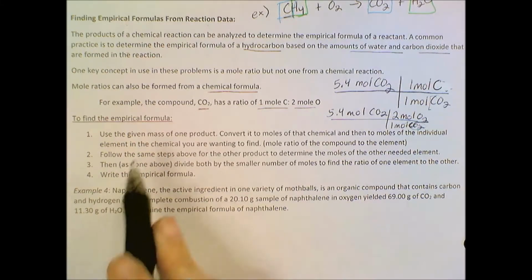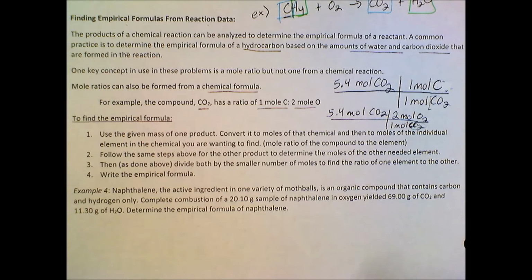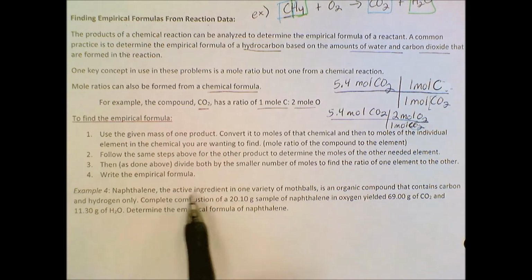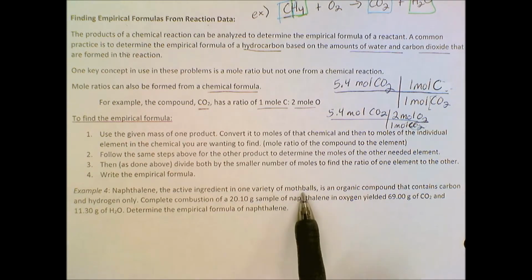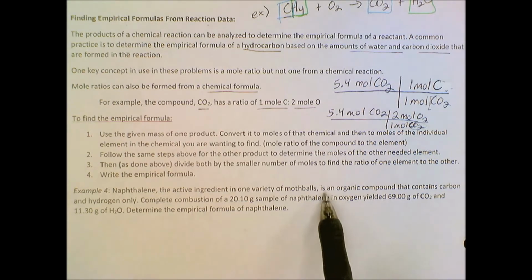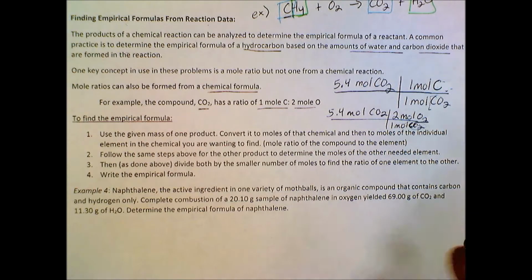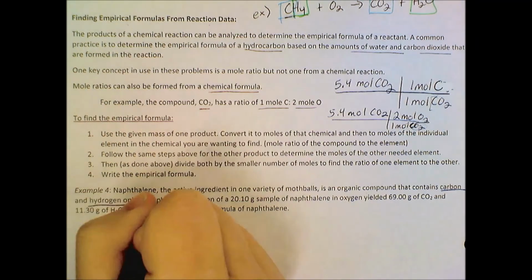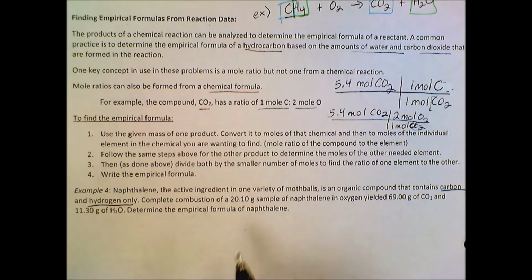We're going to look at the example and then we'll go back to the directions. It says naphthalene, the active ingredient in one variety of mothballs, which used to be used in closets to keep moths away, is an organic compound that contains carbon and hydrogen only. So it's a hydrocarbon.